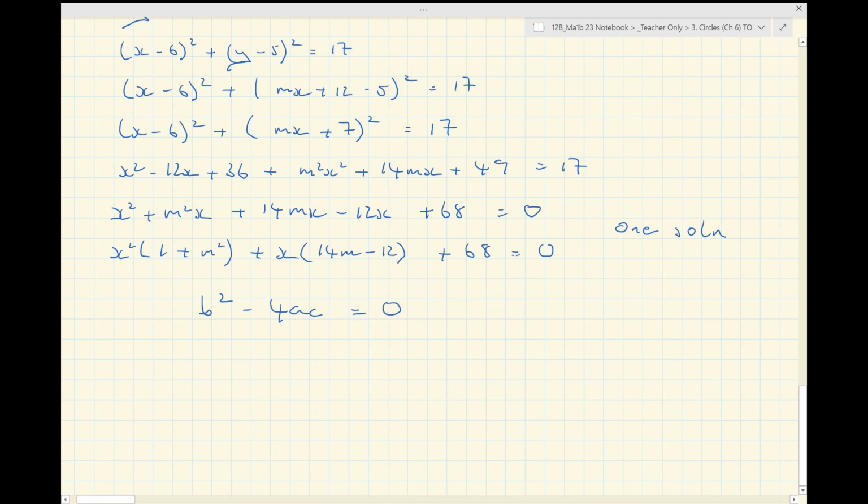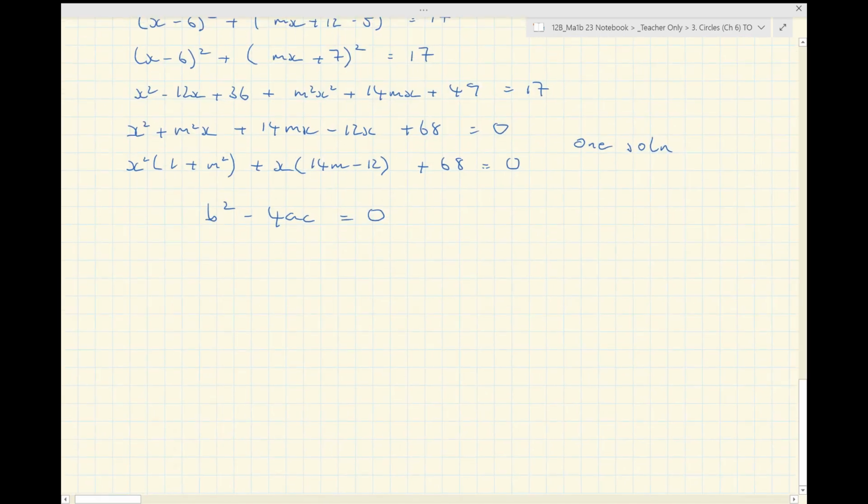Right, let's do that now. b squared, (14m minus 12) squared, minus 4 times a times c. I'm going to write 4 times c times a, since a is a bracket. Just makes it easier. And I need that to equal 0. Okay, so let's multiply out this bracket. (14m minus 12) squared, 196 m squared.